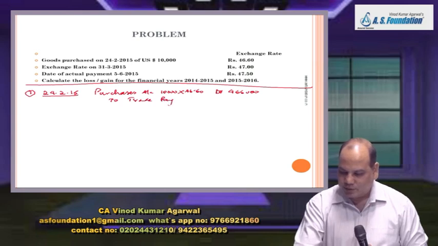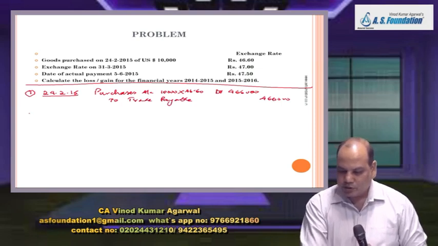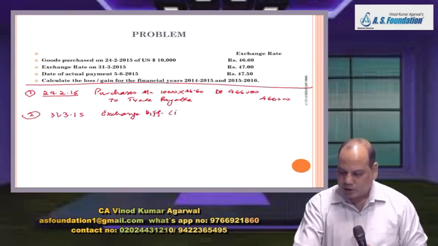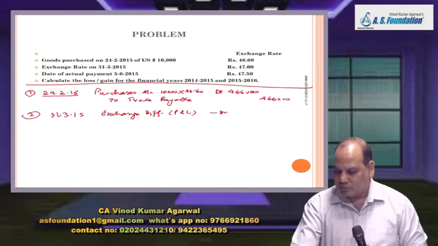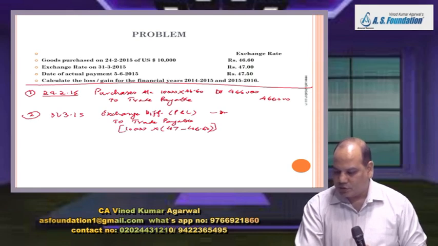Trade payable 4,66,000. Then second entry on 31st March 15. Exchange difference, in bracket write P&L account debit to trade payable, in bracket 10,000 into 47 minus 46.60.